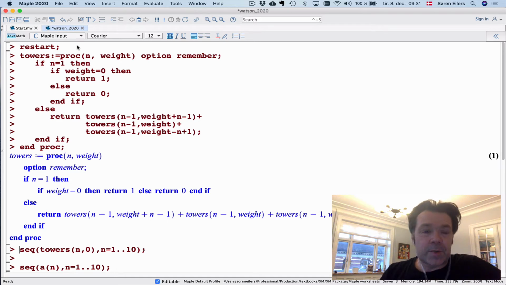We found a nice way of computing this using a memoized table of a recursive program, and we could very easily compute hundreds of entries like this.